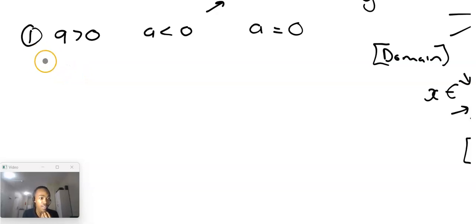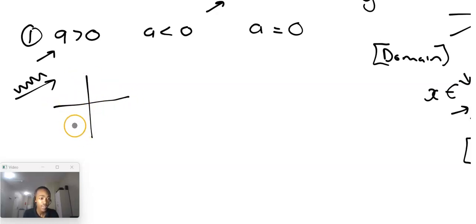Here we notice that a is greater than 0, meaning that we are in an increasing function. Basically our function is accumulating, so we'll have a function that looks like this.